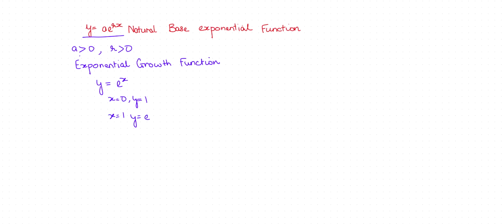If we want to graph, we can graph like this. When x is 0, y is 1, and when x is 1, y is around 2.718. So it will be like this.